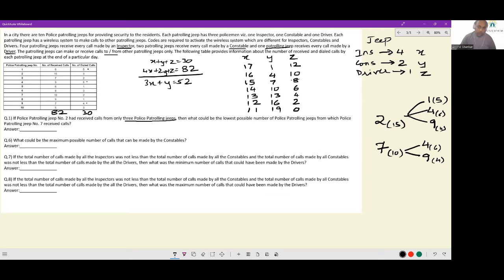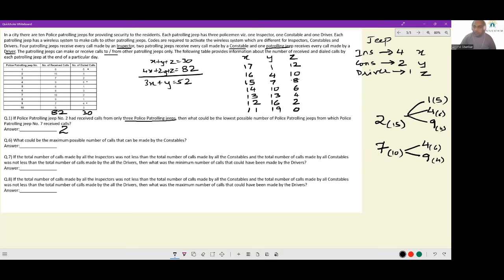So they may have gone to 2 also, they may have gone to 7 also, and then we can accomplish this target of police patrol Jeep 7 receiving calls only from 2 other patrol jeeps. So the lowest possible number of police patrolling jeeps from which police patrolling Jeep 7 received calls, the answer would be 2.